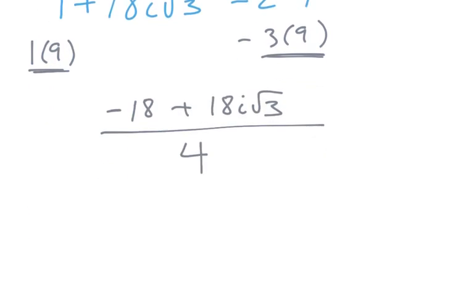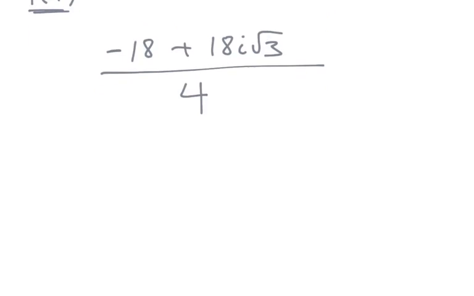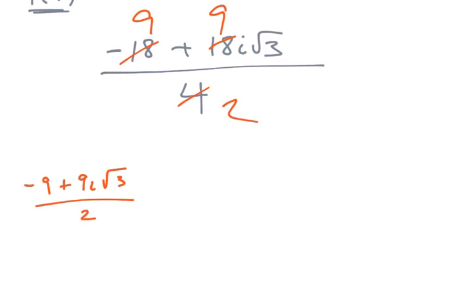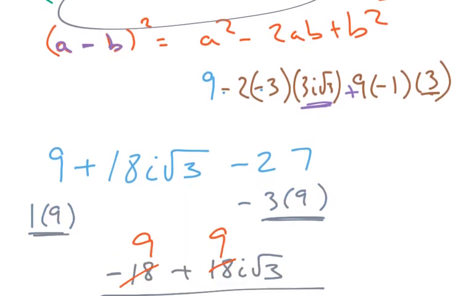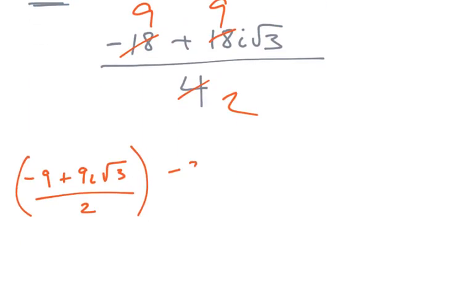Okay? So I got some space. Let me keep going. Oh, wait, what did I forget to do? Of course, I can reduce. All of those are divisible by 2. So now I have (-9 + 9i√3)/2 times, remember we have another one here, so let's write that down, (-3 - 3i√3)/2.